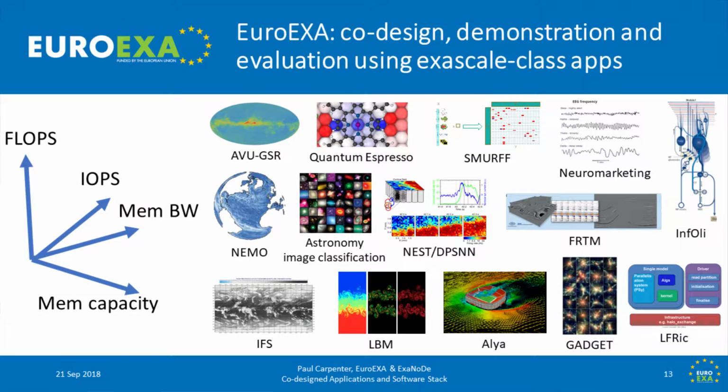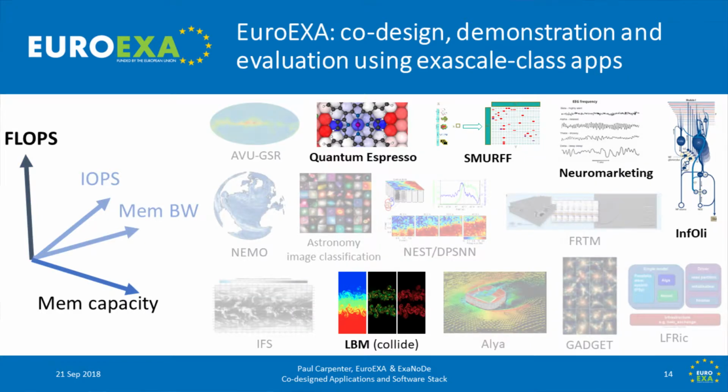So here's a picture of the applications that we've got. Very quickly, you can see there's a balance. We have some physics or energy or astrophysics, and some other ones, and we have material science, and we have weather and climate, another one there.